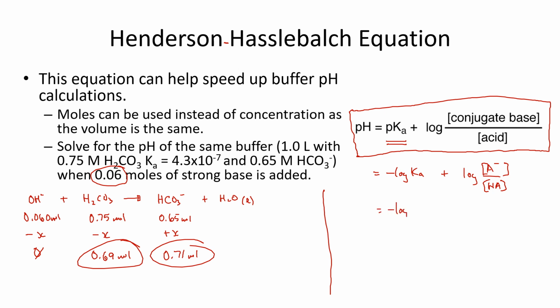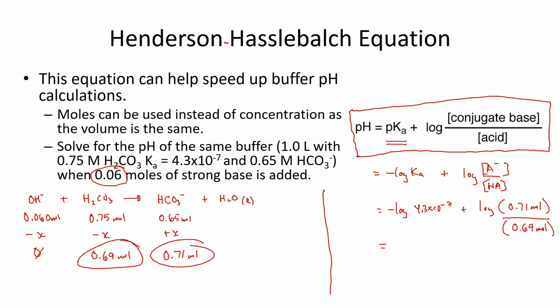So negative log of the Ka, which is 4.3 times 10 to the negative 7, plus the log of A minus, which is our 0.71 moles, all over, it's like a ratio here, 0.69 moles of the acid. So I'm going to put that in my calculator.